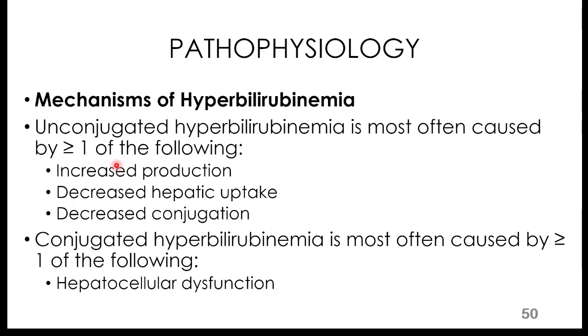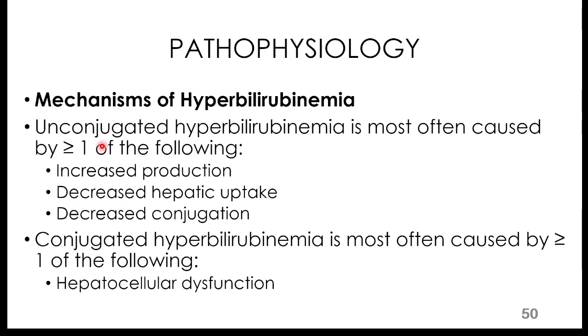If the production of bilirubin increases so much that the liver is not able to take it in, there might not be a problem with the liver, but, say, something like intravascular hemolysis, maybe a disease such as malaria or other disease that causes massive destruction of red blood cells, producing massive amounts of bilirubin.